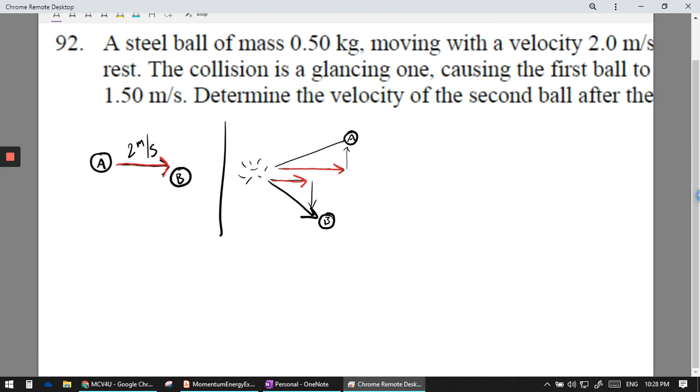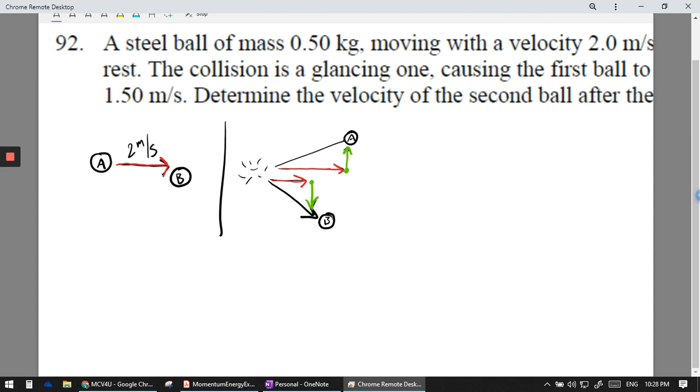Let's see if we can get another color here. We're going to go green. All right, there's green. These vectors here, as it turns out, should be equal to each other. Why is that?